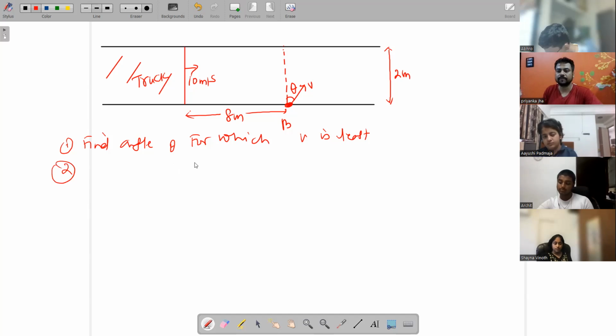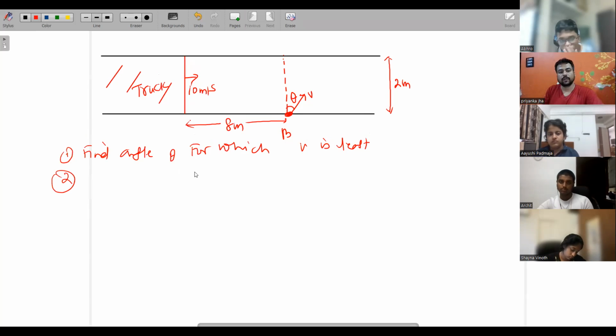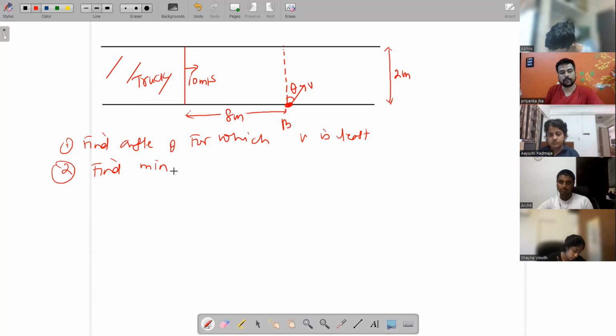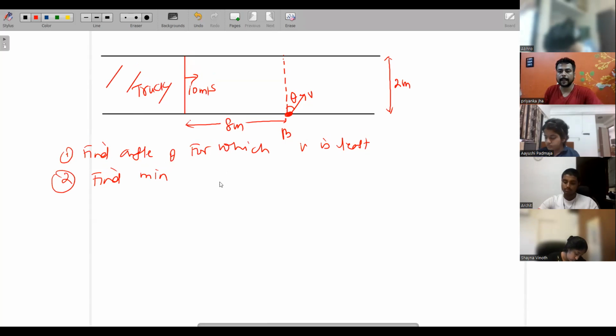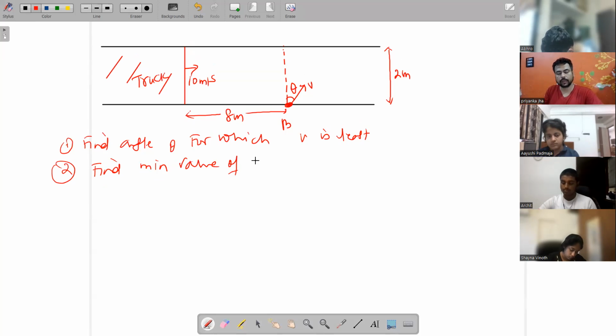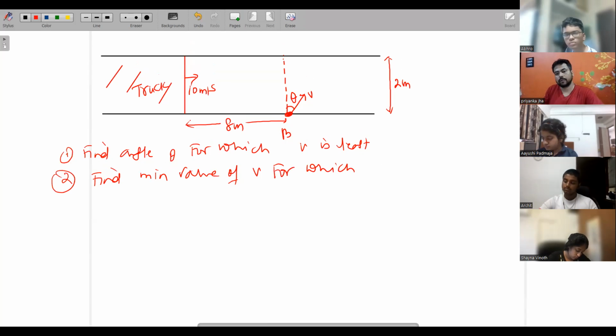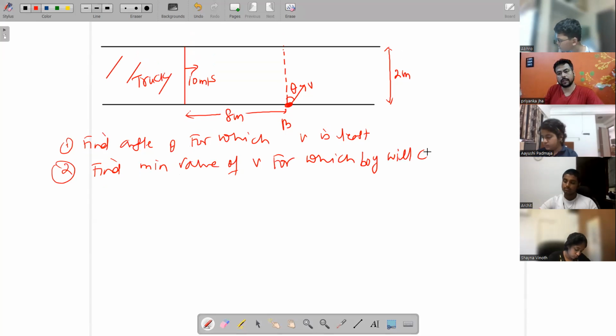And second question would be find minimum value of V for which boy will cross the road without striking the truck.